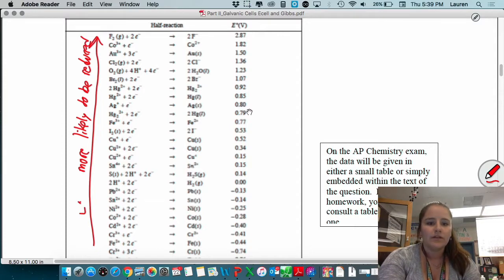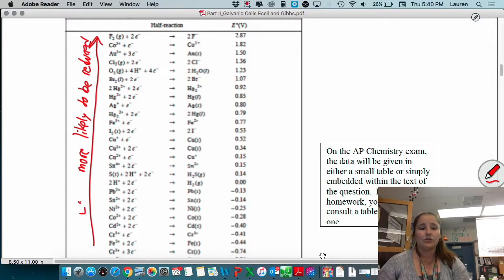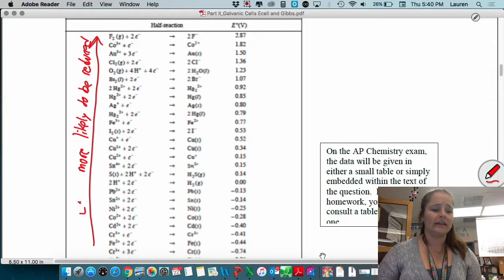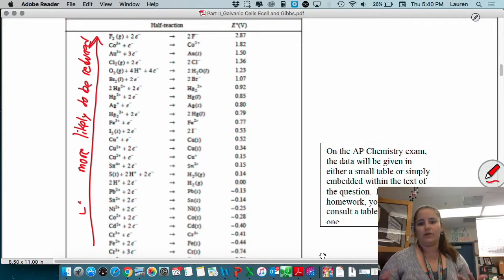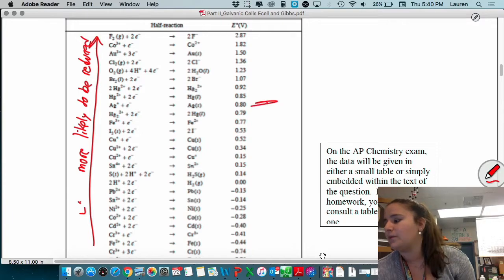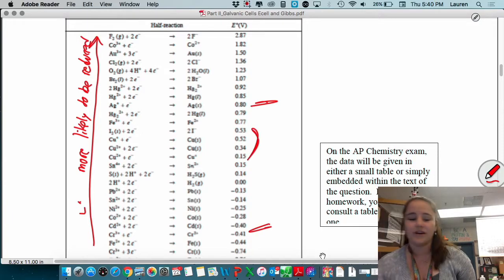So the ones at the top, more likely to be reduced. The ones at the bottom, more likely to be oxidized, okay? And it'll depend on what kind of cell we're constructing. It might be one from up here and one from down here, or it might be two that are kind of close to each other.